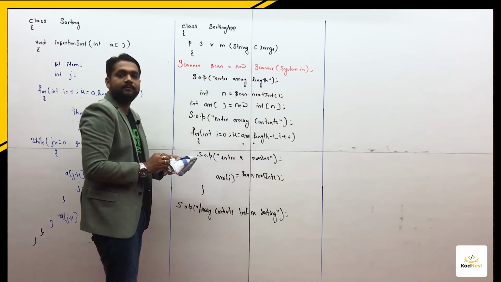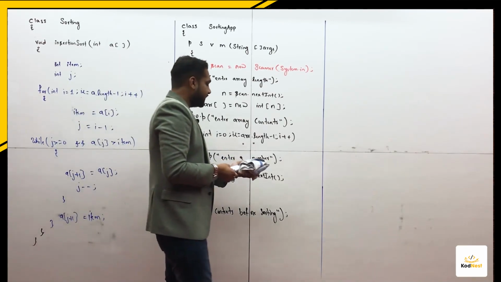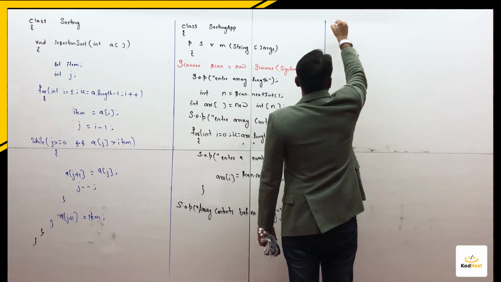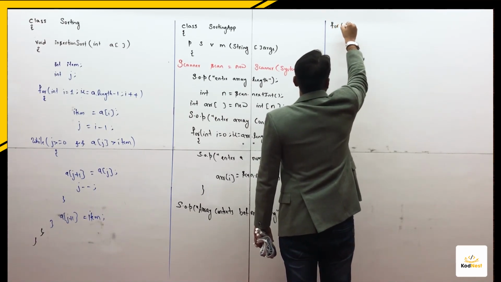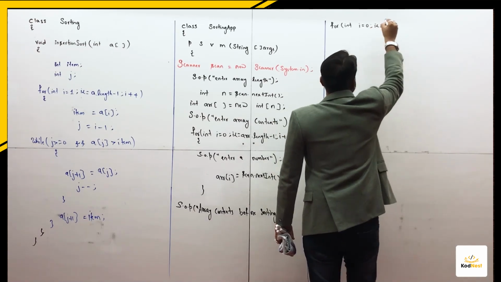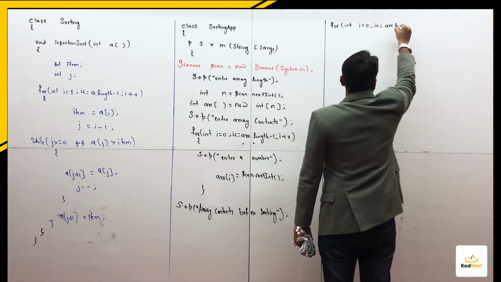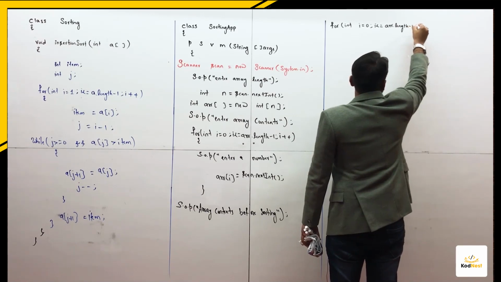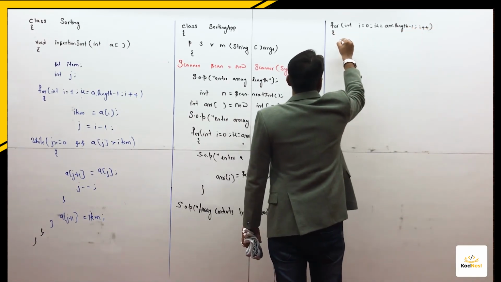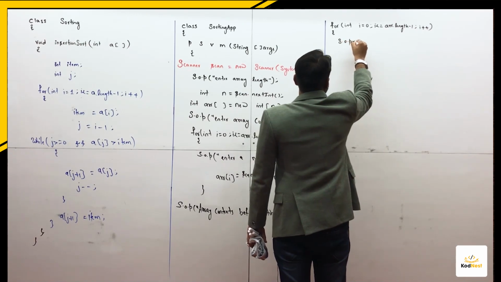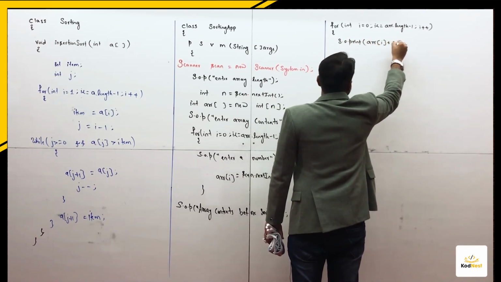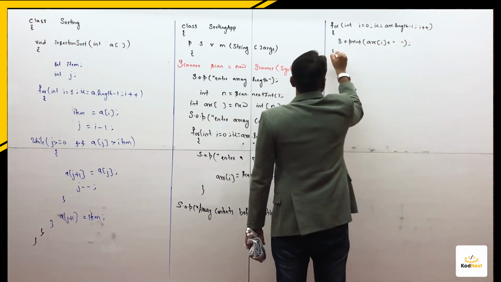Probably how the array contents are there, like this. Start printing the contents from i equals 0, i less than or equals to array.length minus 1, i plus plus. Here I would tell System.out.print. What to print? Whatever is there in array of i plus one space.